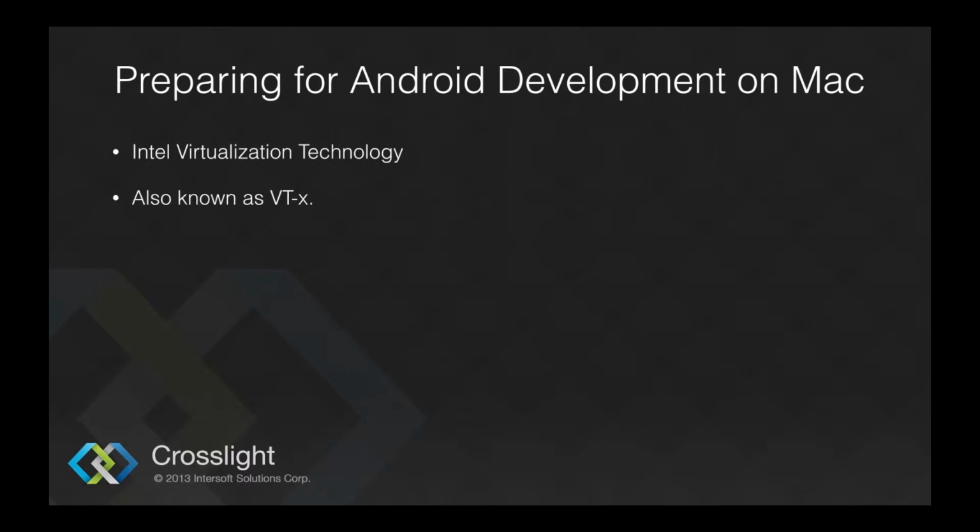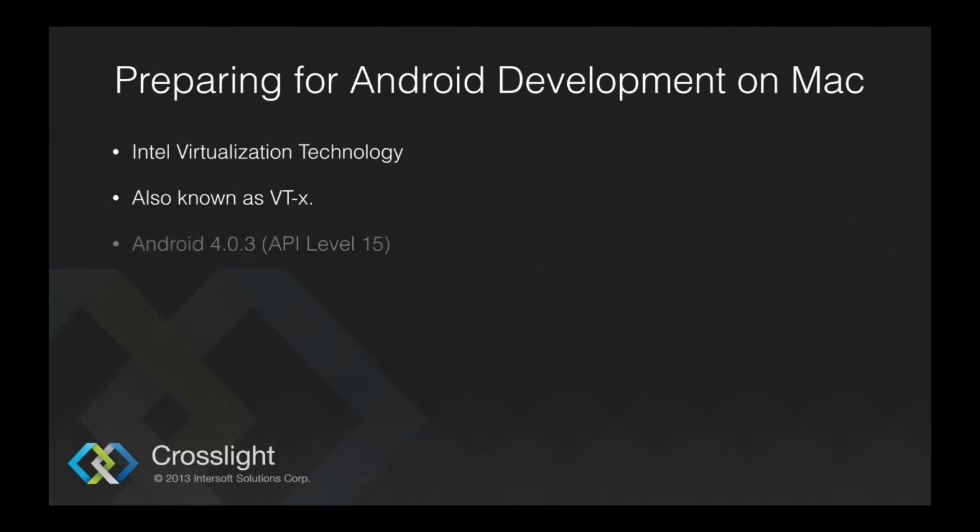In short, what is VTX and why is it important? In early versions of Android developers will have a hard time with the Android emulator. It takes a long time to build simple apps and run them on the emulator. Even if you have a Mac with high specifications, without VTX, the Android emulator tends to run very sluggish and slow.